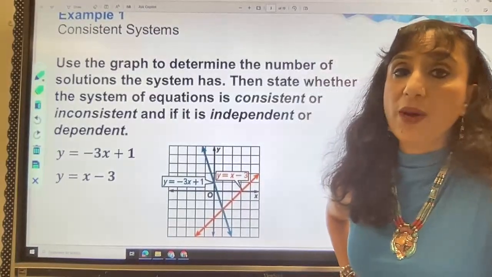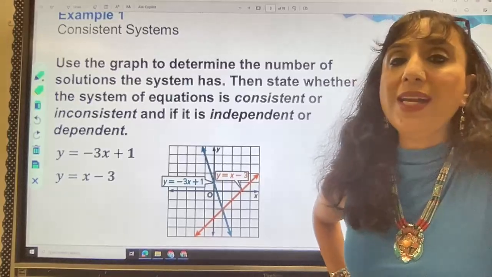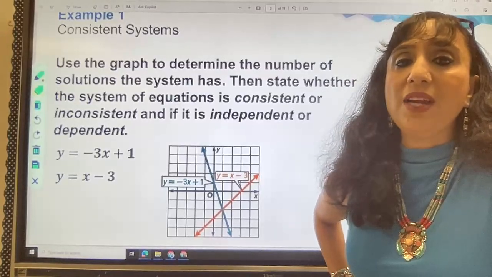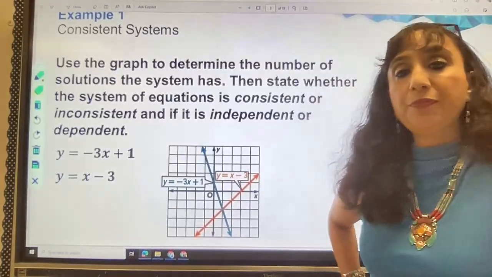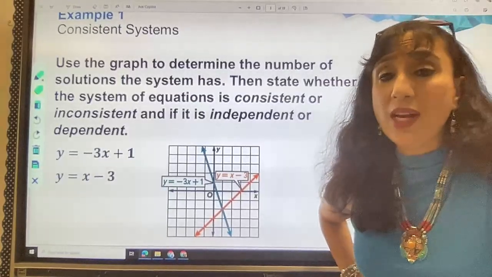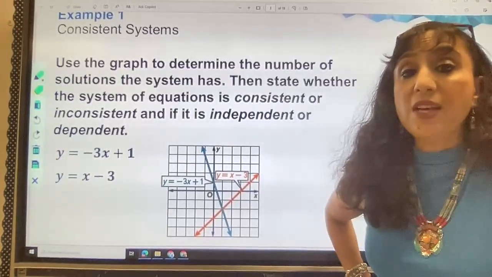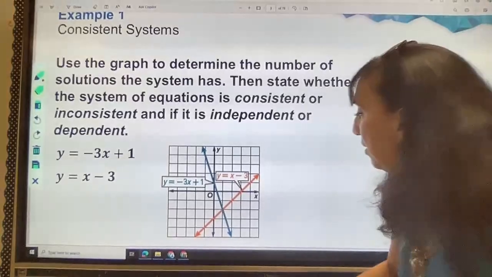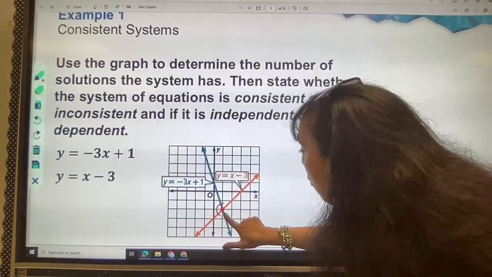Then state whether the system is consistent or inconsistent, and whether it is independent or dependent. First, let's look at this graph. How many places is this graph intersecting? It is intersecting in only one place, which is over here.